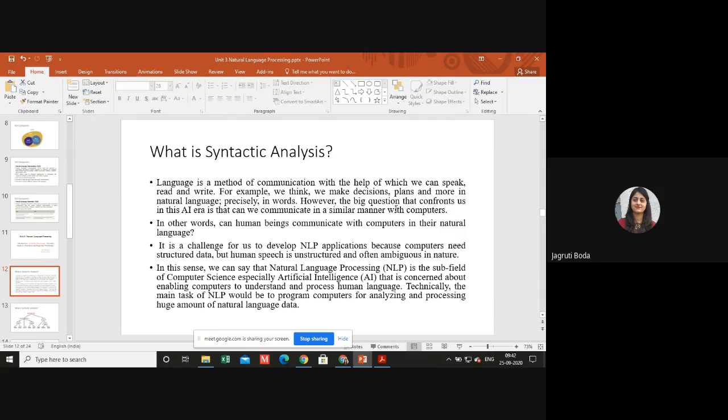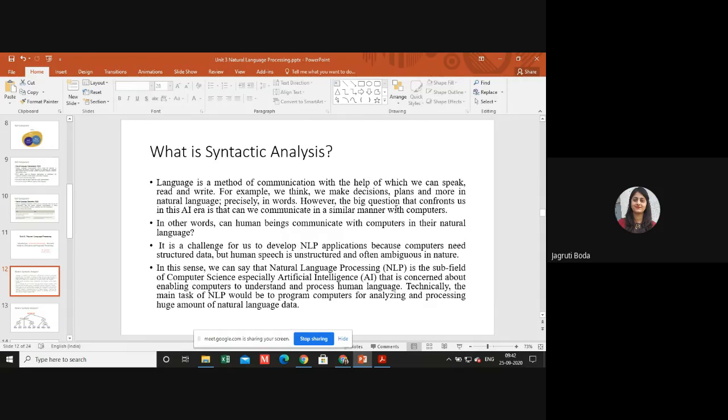We are using our language to communicate, read and write. So, in other words, can human beings communicate with a computer in natural language?